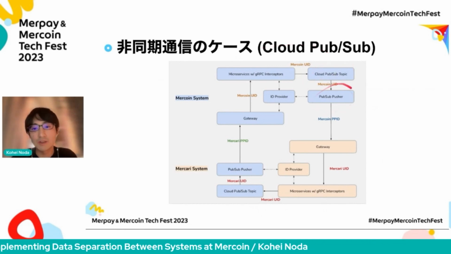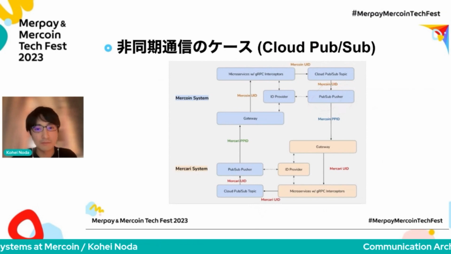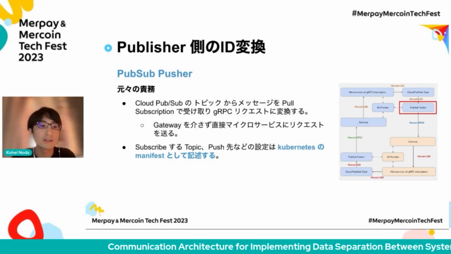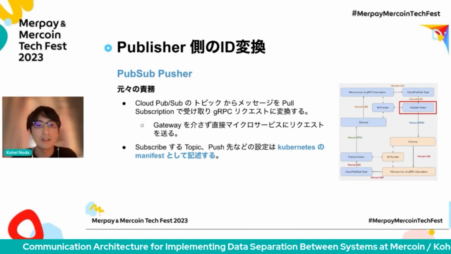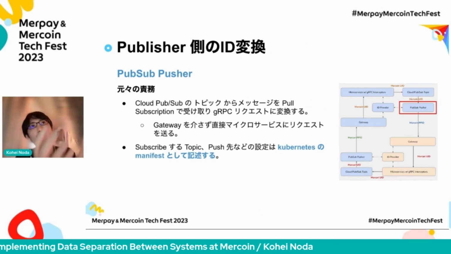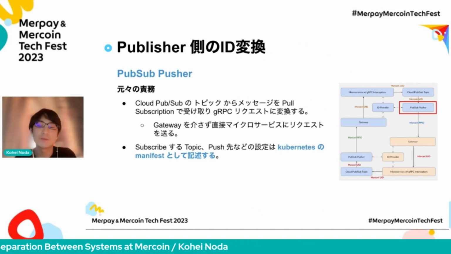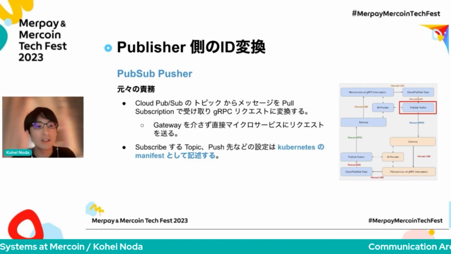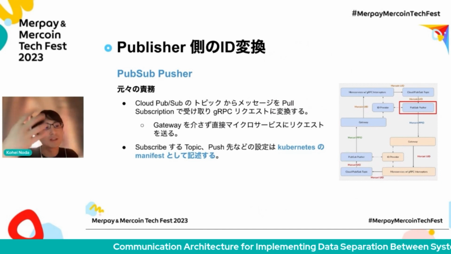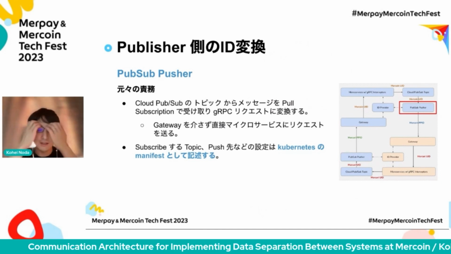In addition to the Cloud Pub/Sub topic, we see a service called the Pub/Sub Pusher, which is not only for ID conversion, but also has the ability to receive a pull subscription from a Cloud Pub/Sub topic and convert it to a gRPC request and send the gRPC request to the subscribers.